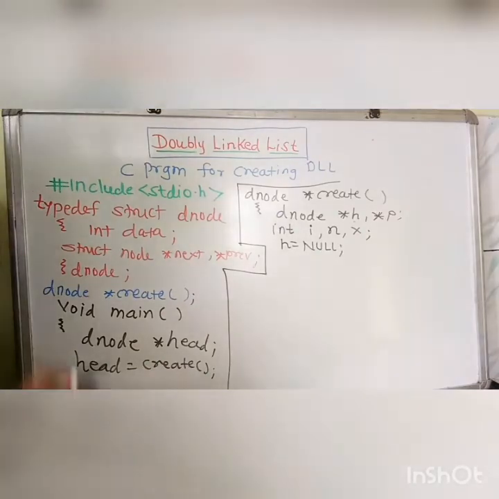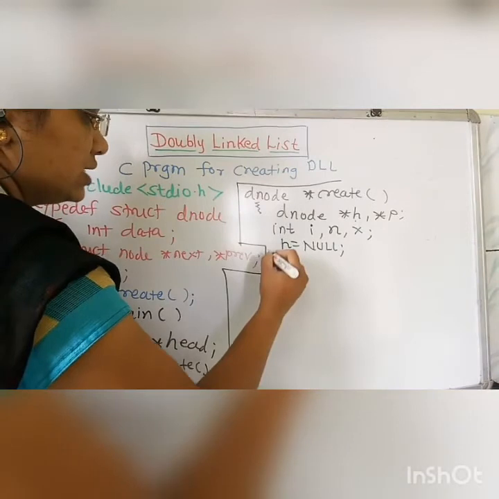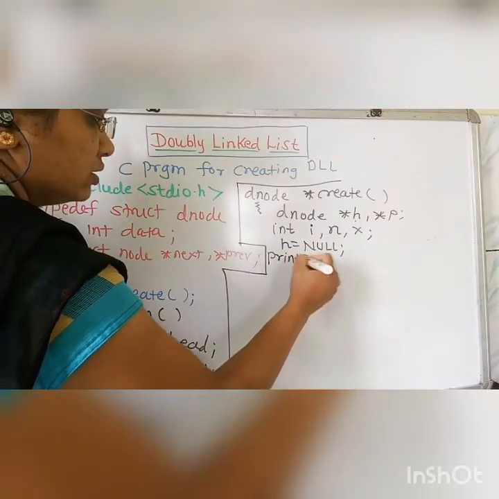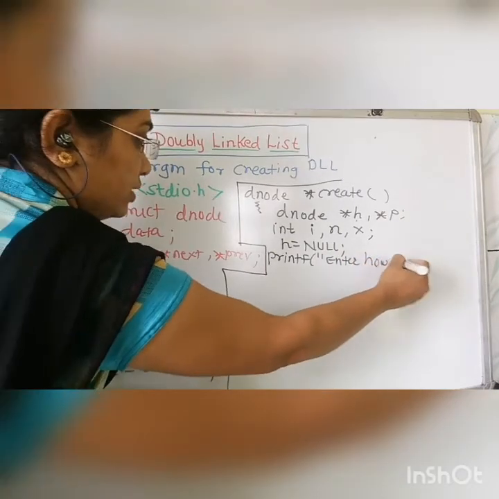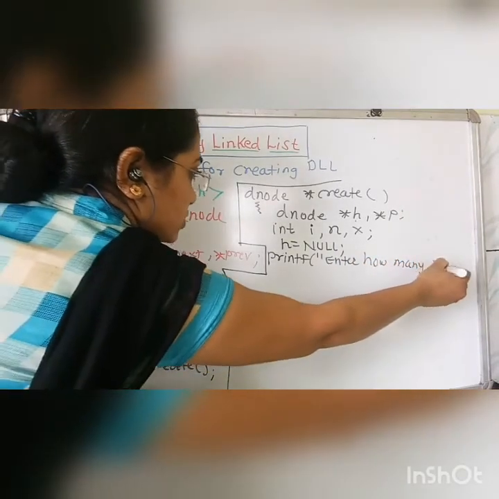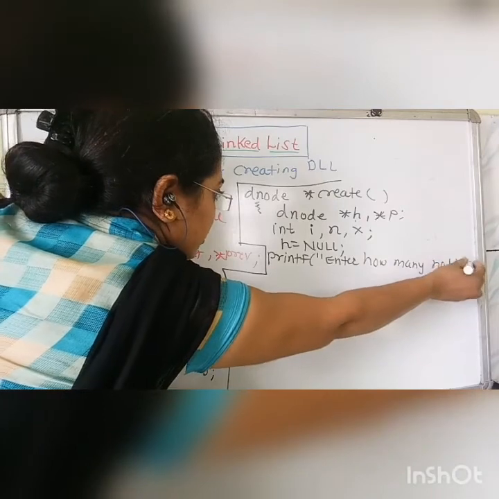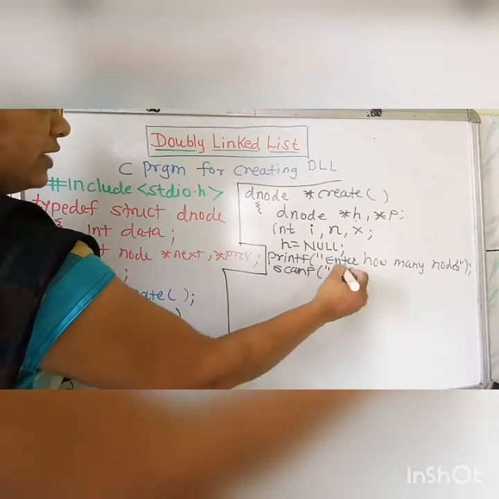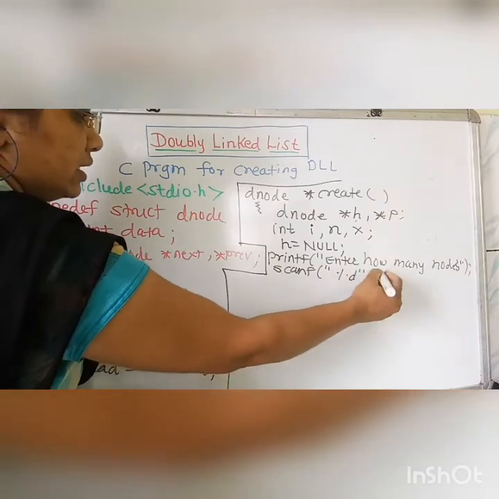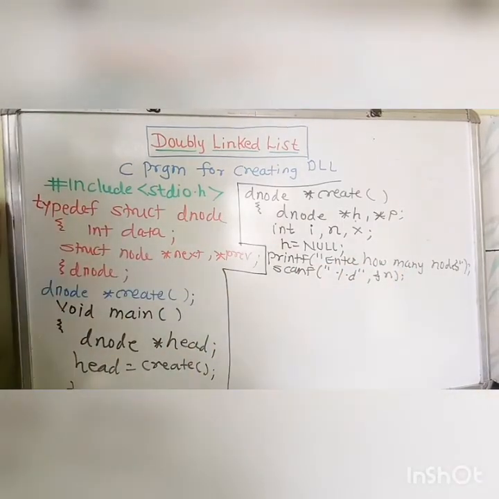Now, we will ask the user to enter how many nodes, means here we are collecting the n. So scanf %d ampersand n.